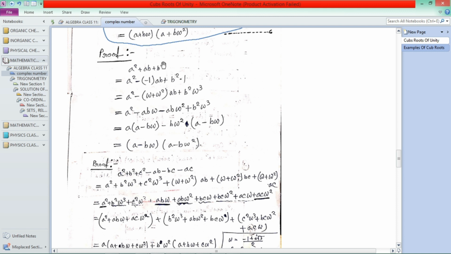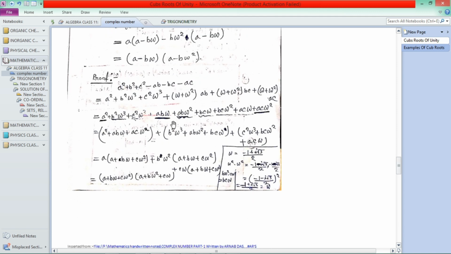In this proof also, in the same way, a square plus ab plus b square, and here plus is written as minus into minus 1, so b square into 1, and minus 1 equals omega plus omega square, and this is a square minus ab omega minus ab omega square plus b square omega cube, because 1 equals omega cube, and you can understand this thing in this way. This is not very difficult.